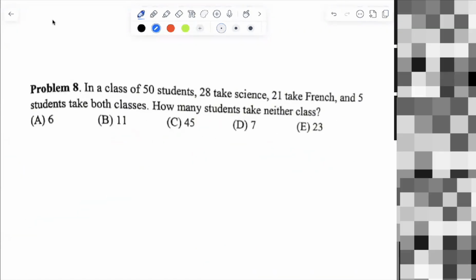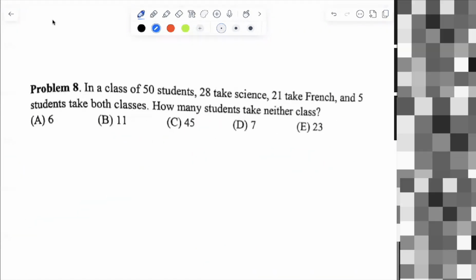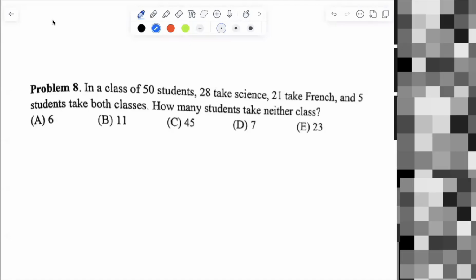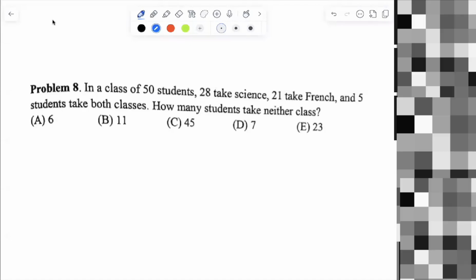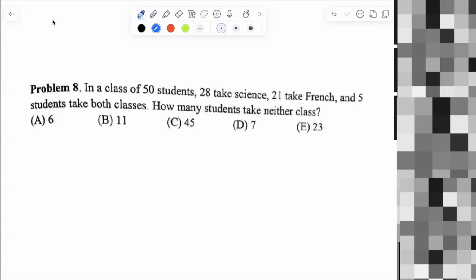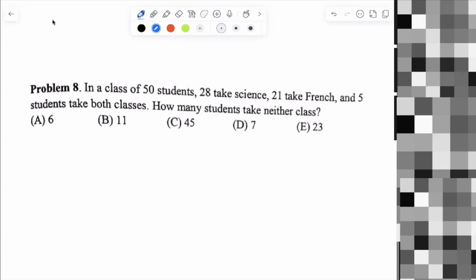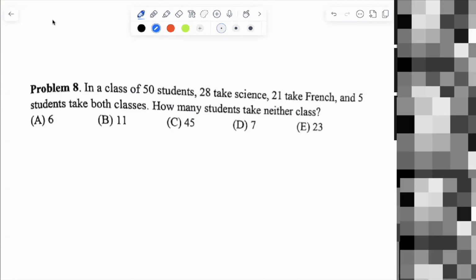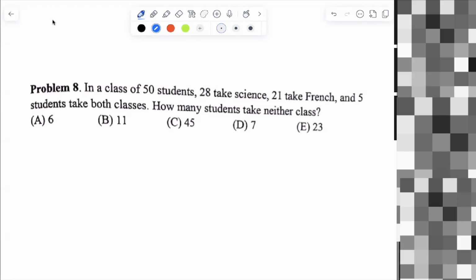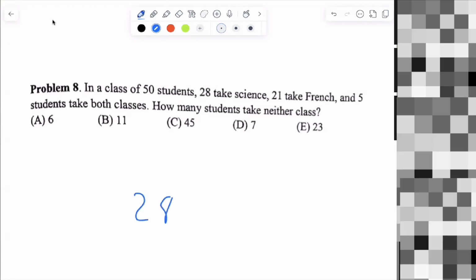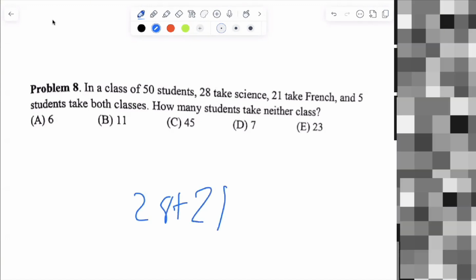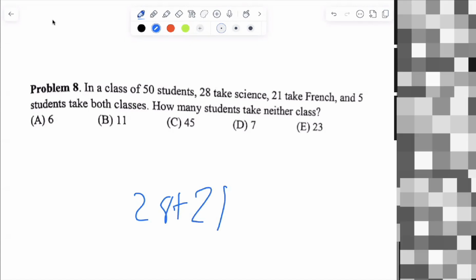In a class of 50 students, 28 take science, 21 take French, and 5 students take both classes. How many students take neither class? Now this is basically the same method as we did beforehand. This is just 28 plus 21, basically science and French added together.